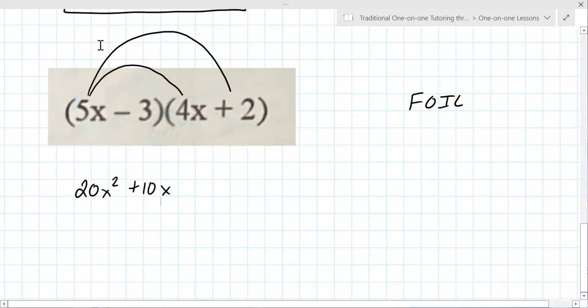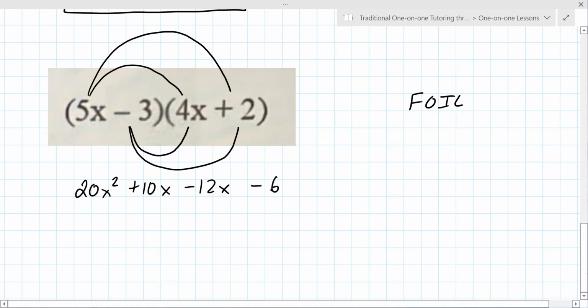Now we're done with those. So now we're going to go with the I. The I is the -3 times the 4x. -3 times 4x. What does that become? Minus 12x. Good. And then you take the -3 times the +2. -6.